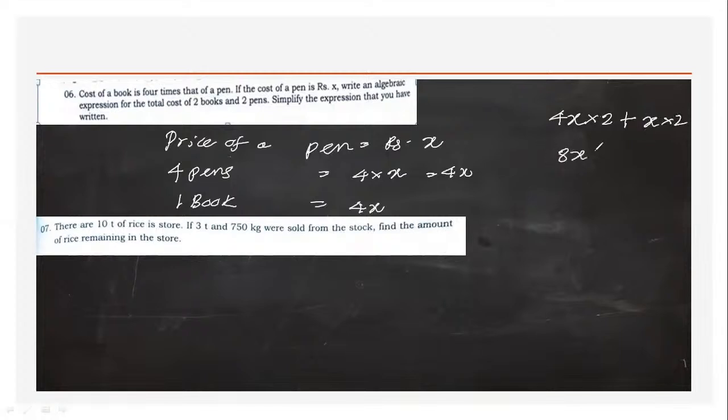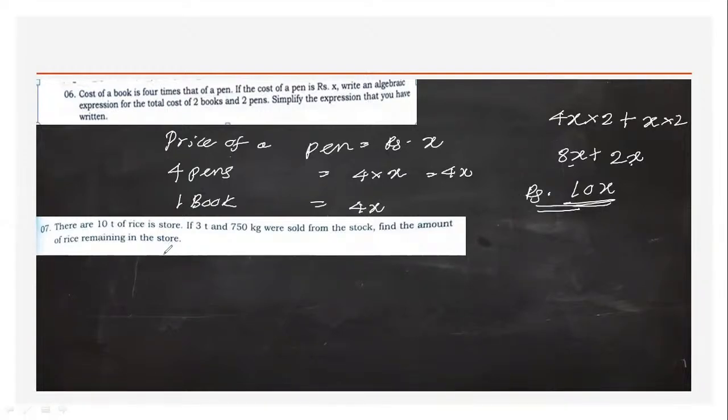Then 8x plus x times 2, which is 2x. Altogether 8x and 2x, that is 10x. Then the price of 2 books and 2 pens is rupees 10x.